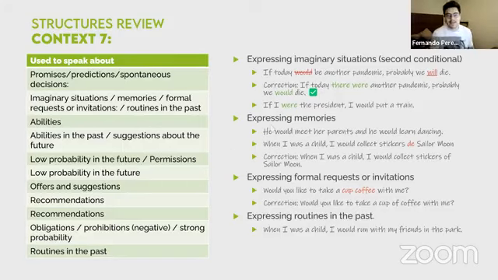That can help you understand modals. You see? And then I can check it. So do you have any question right now?